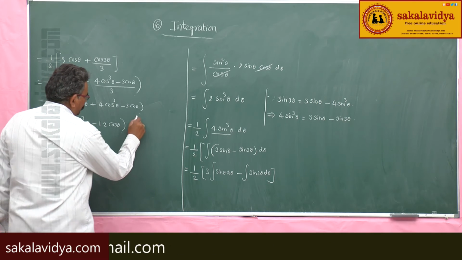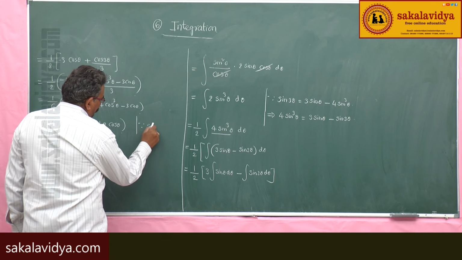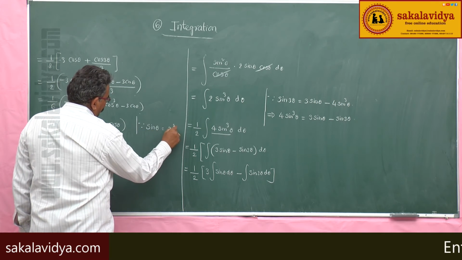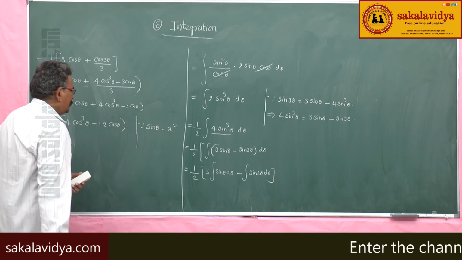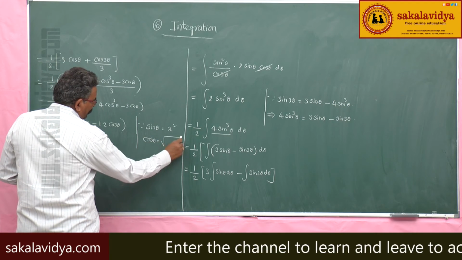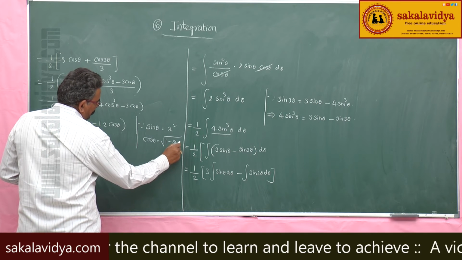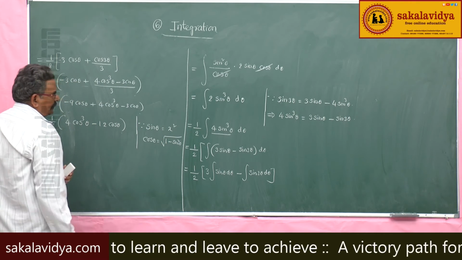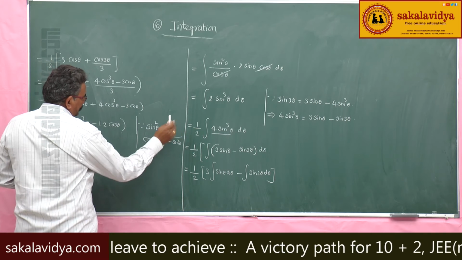We know that x is equal to sine square theta. So what is cos theta? Cos theta is equal to root of 1 minus sine square theta, or sine square theta is equal to x.